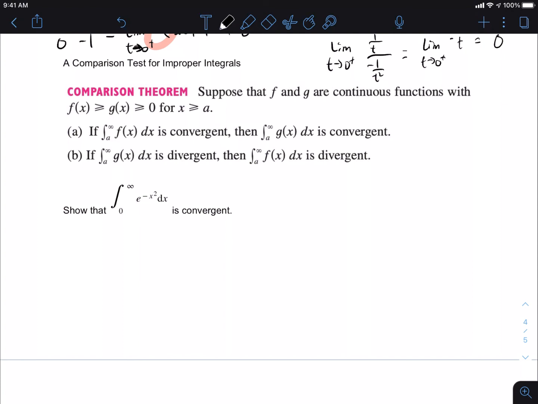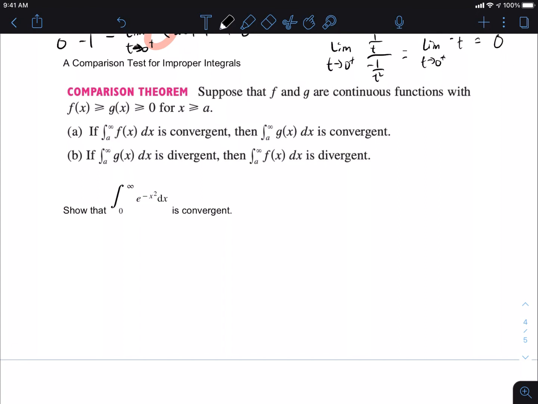I'm trying to show that this thing is convergent. The problem is I don't know how to do an integral of e to the negative x squared. So that means I have to manipulate this problem and use something that's going to be beneficial for me.